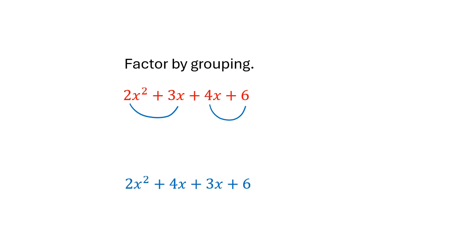So I'm looking for the common factors between 2x squared and 3x. The only factor that I can see here is x, because I can multiply 2x by x to get 2x squared, and I can multiply 3 by x to get 3x. So it means x is a factor of 2x squared and 3x.